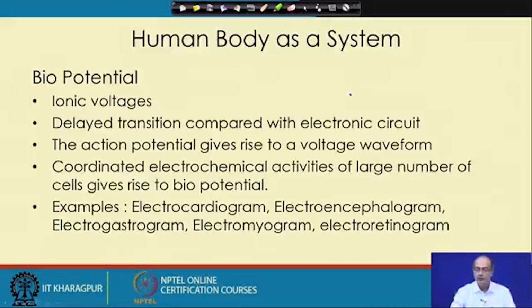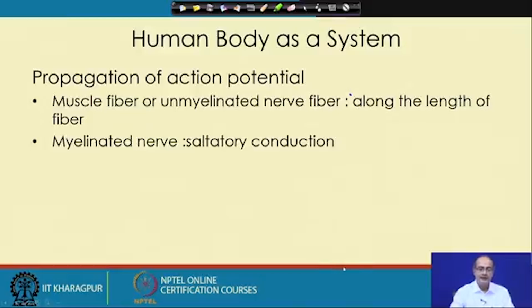Now let us move forward. Let us see what it can do when it moves through the nerve fiber. The nerve fibers are protected by the myelin sheath, and for myelinated nerves there is a small gap after an interval.